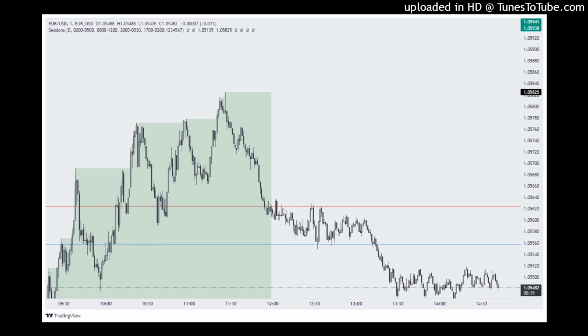What I mean by that is that you're doing the exact same thing as you did on the monthly and the weekly, just on the daily, because you have no monthly or weekly context. There's no context on the weekly or the monthly. Ideally, you want to be following the daily order flow. And if there's no daily order flow, then again, you would use 4-hour order flow. And again, that's something we will get into as well.